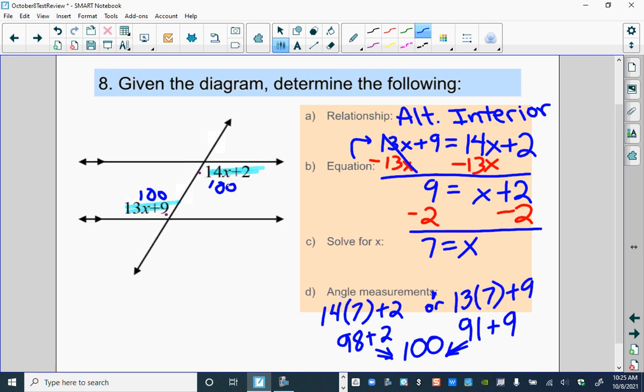Now, I know it's out of order a little bit. I want us to talk about number 10, which is right below. Before we do that, any questions on number 8? Anybody got any questions on number 8?